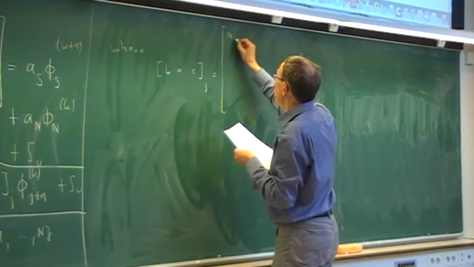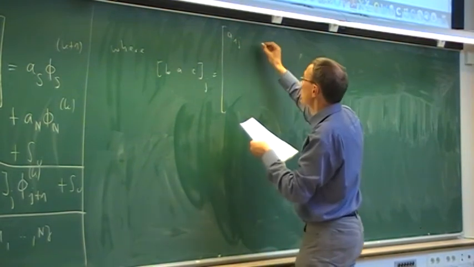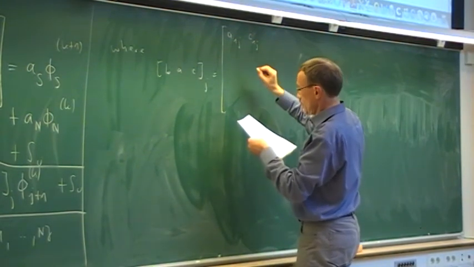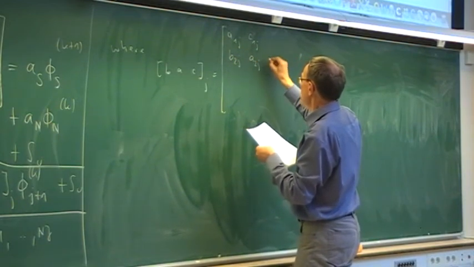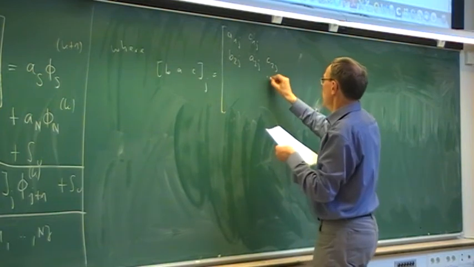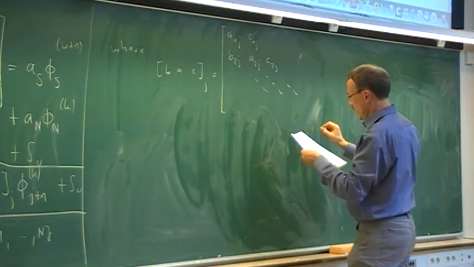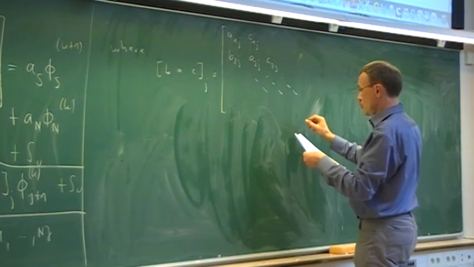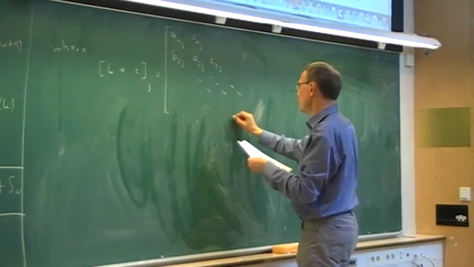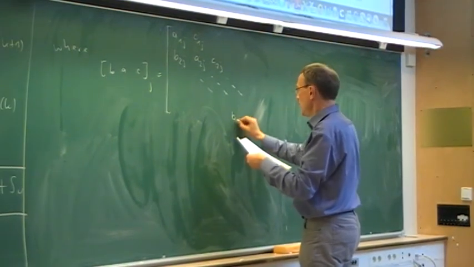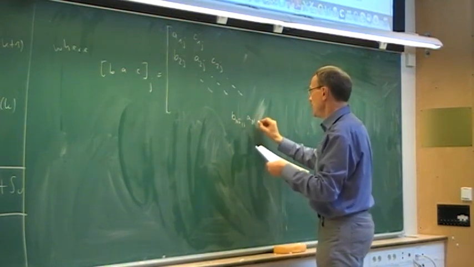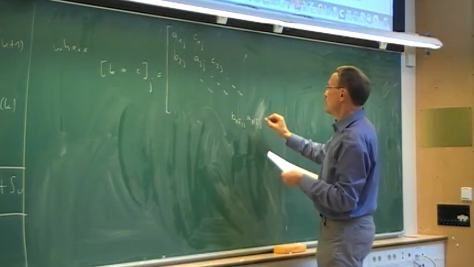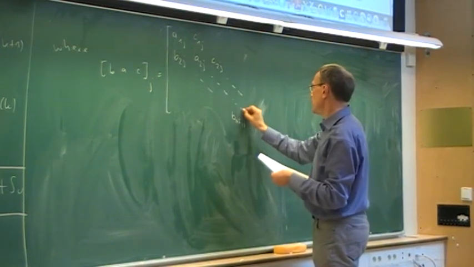So we'll have here the A1J coefficient, the C1J coefficient, the B2J, the A2J, the C2J. And that will continue all the way down to B Nij, and A Nij.